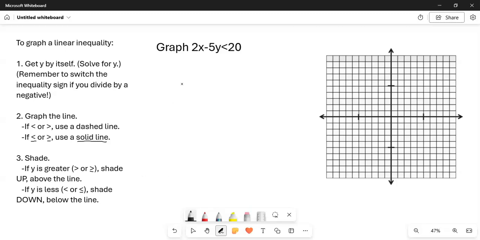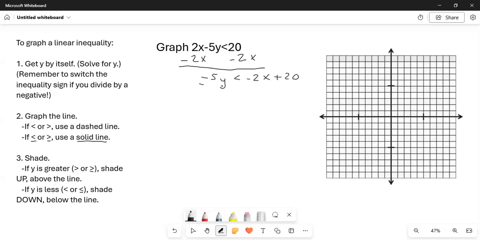So our first example here is to graph 2x minus 5y is less than 20. We're going to start by getting y by itself, which means we have to subtract 2x from both sides. That leaves you with negative 5y is less than negative 2x plus 20.